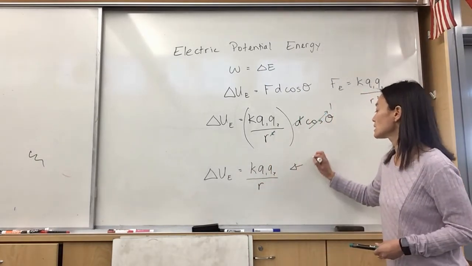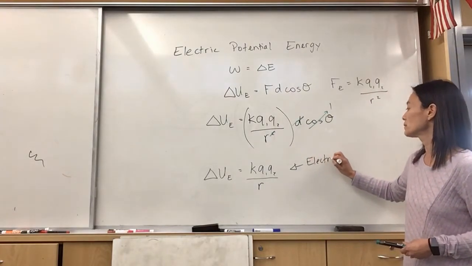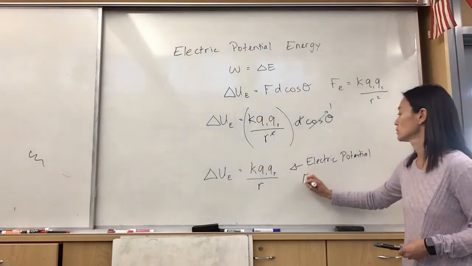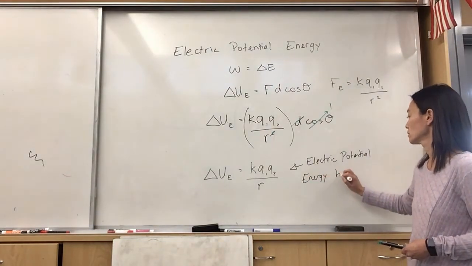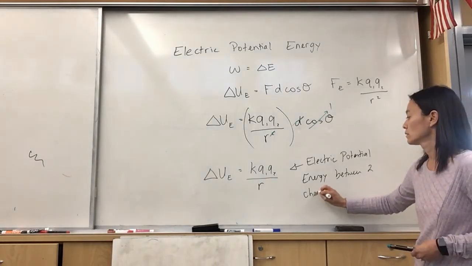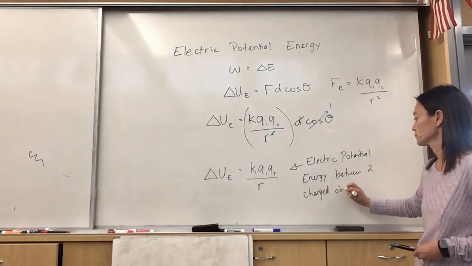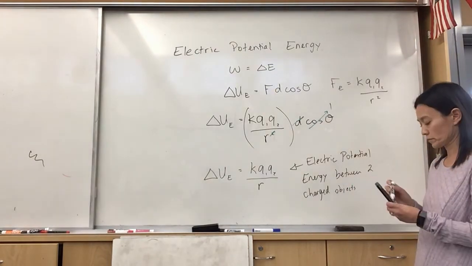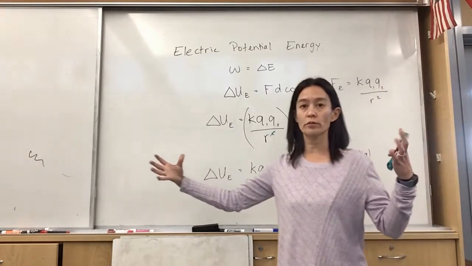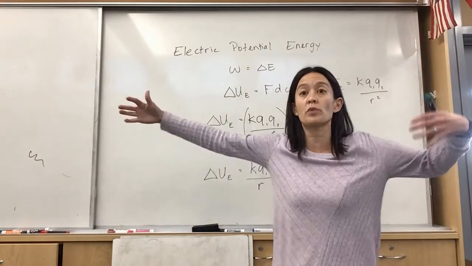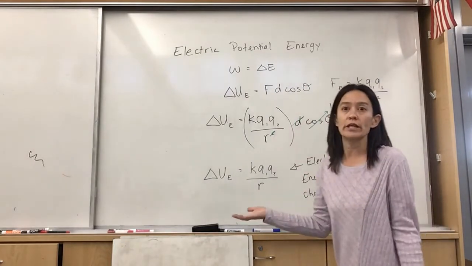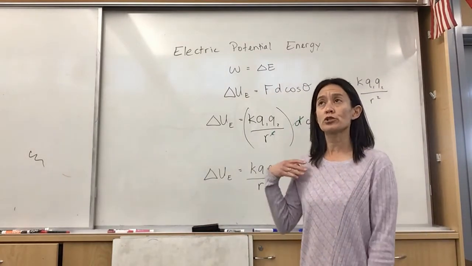This is the electric potential energy between two charged objects, and it is either going to cause those two objects to want to come together or to spread further apart.